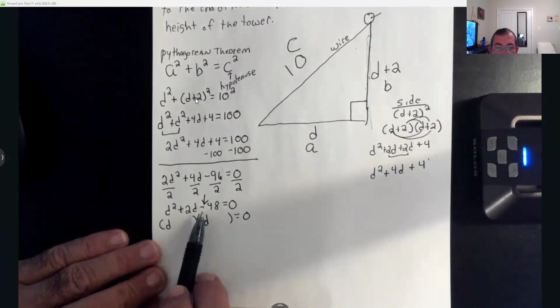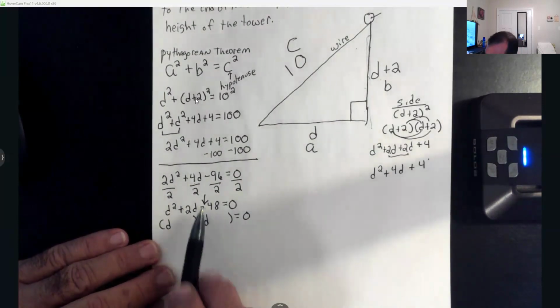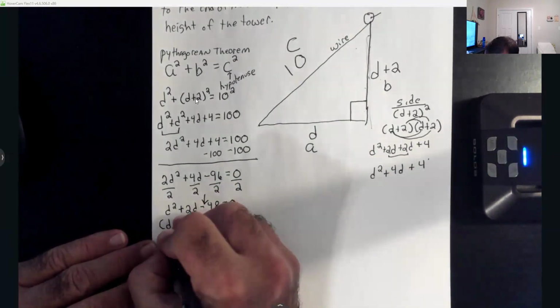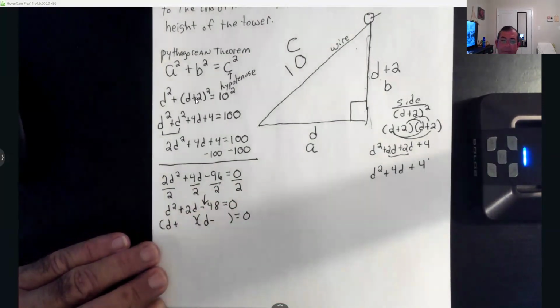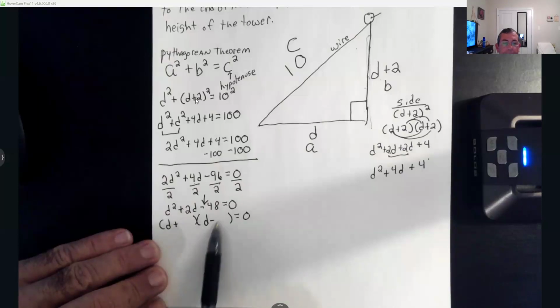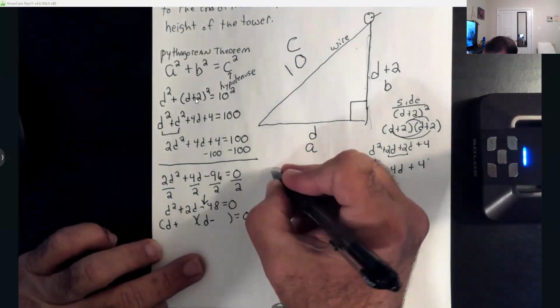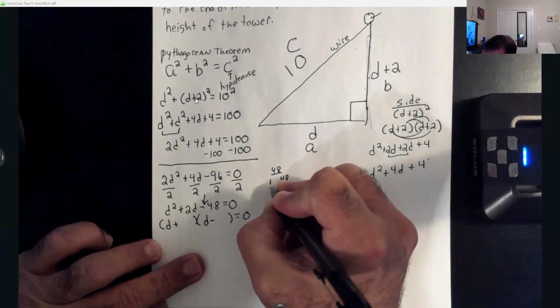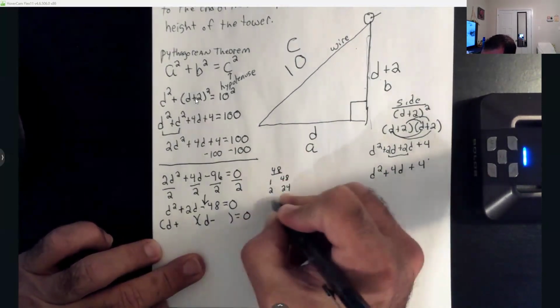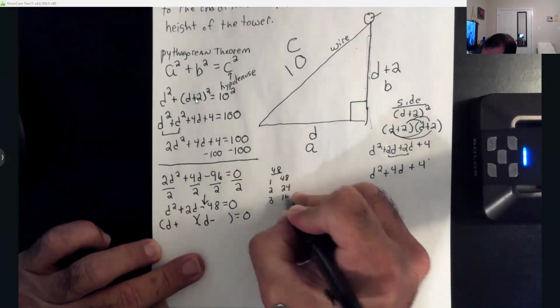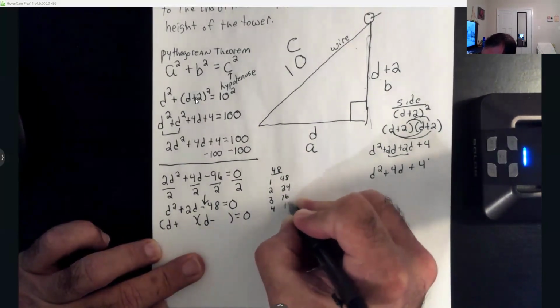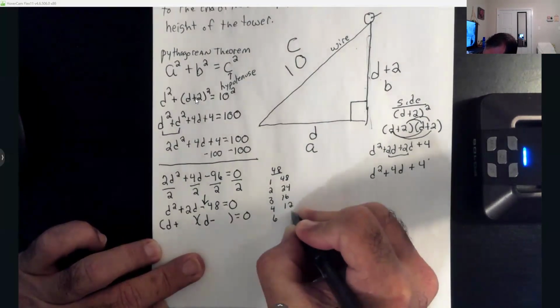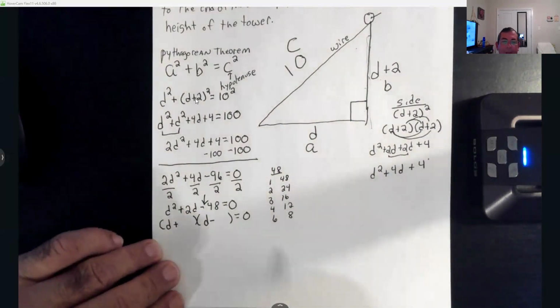So anytime y'all's last number is negative like this, you're going to get unlike signs for your factors. All right, so let me write the factors of 48. 1 and 48, 2 times 24, 3 times 16, 4 times 12, and 6 times 8.